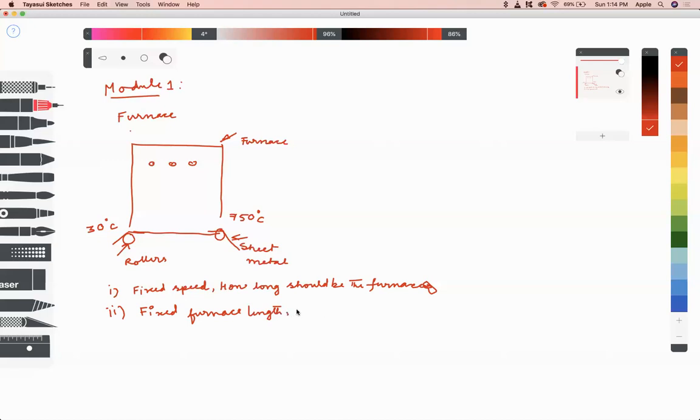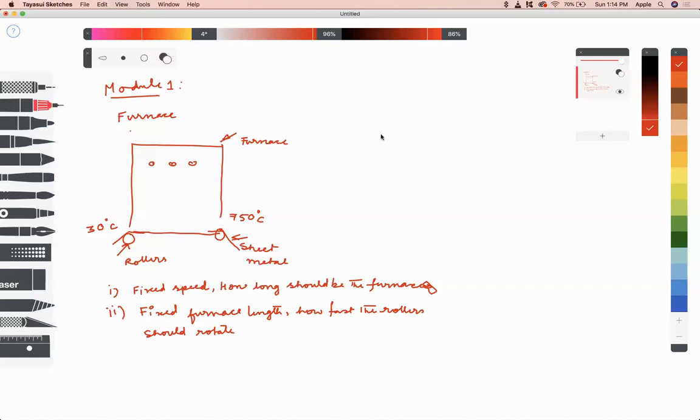In that case, you need to know how fast the roller will rotate. Okay, so this is just one scenario where we can use the concept of heat transfer to really understand what goes into designing a particular thermodynamic system.